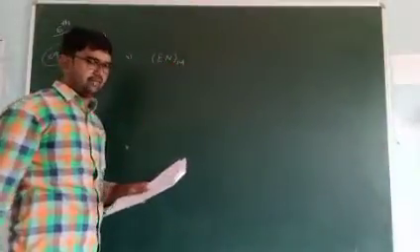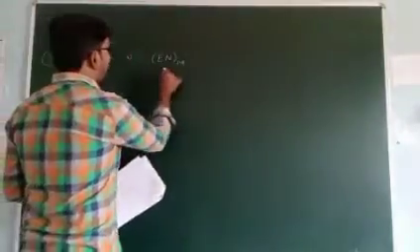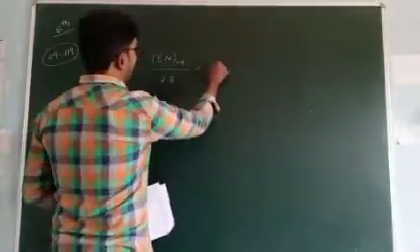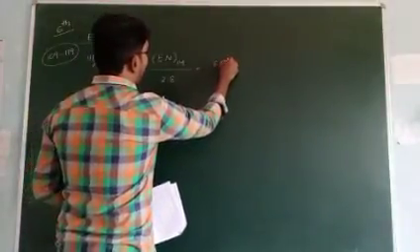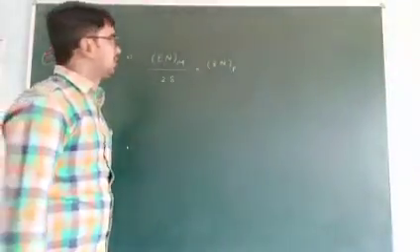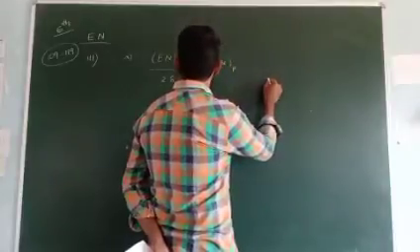These formulas are already given in the previous videos. The electronegativity of the Mulliken scale divided by 2.8 is equal to the electronegativity of the Pauling scale. Do you understand? Very simple.